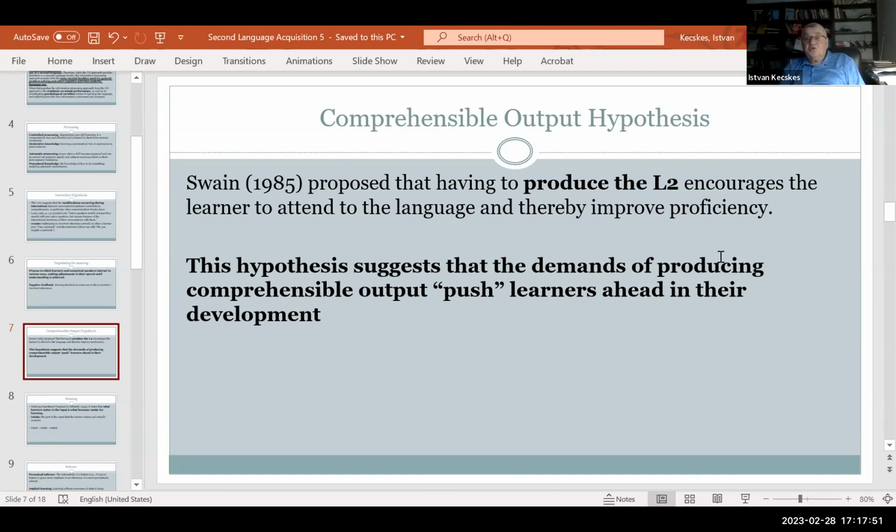Yes, that's quite a question, because we know what comprehensible input is, but we have heard less about comprehensible output. To my knowledge, there is not necessarily a very clear definition of what we understand by comprehensible output.